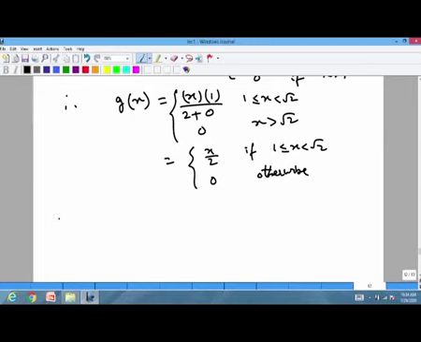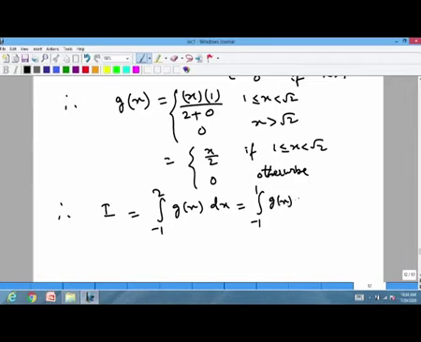So, now I is equal to the integral from minus 1 to 2 of g of x dx. This we write as the integral from minus 1 to 1 of g x dx, plus the integral of 1 to root 2 of g x dx, plus the integral root 2 to 2 of g of x dx.